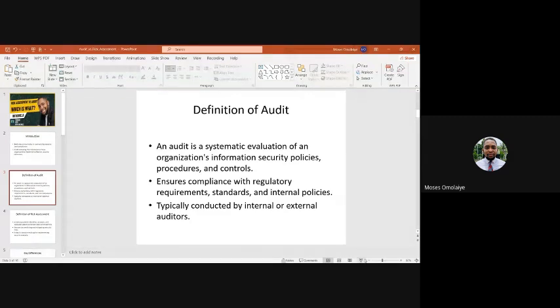Then also, we have what we call internal and external audits. Internal audit, which is a first party audit, is done by internal resources of that organization.